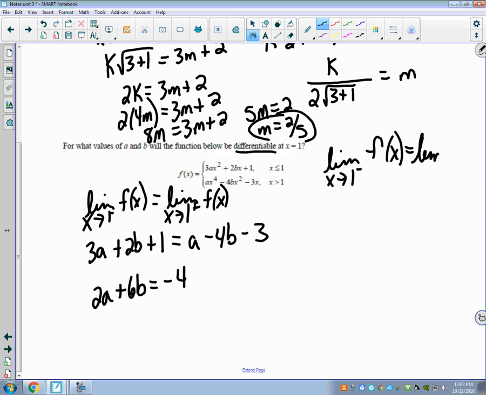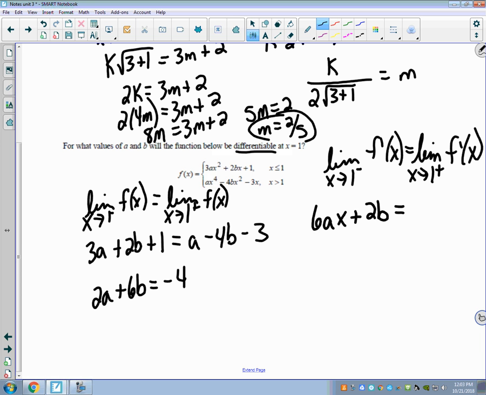The other side of this, I need to do the derivatives, right? I need to do the limit as x approaches 1 from the left of f prime of x and set it equal to the limit as x approaches 1 from the right of f prime of x. And by writing this statement up here, you don't have to say, I'm checking to see if it's continuous and that the derivatives equal each other. It saves time, I think. A and b are constants, right?